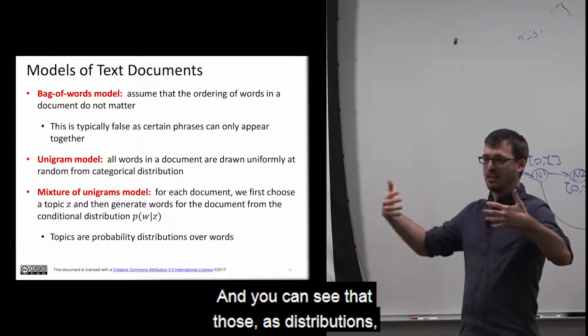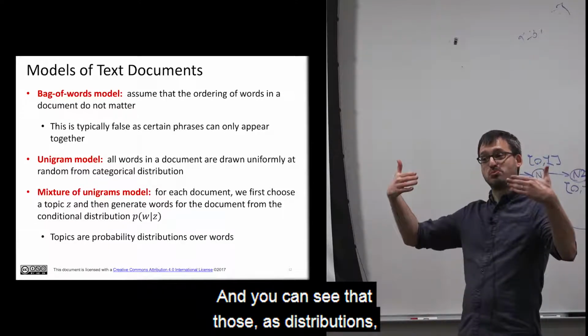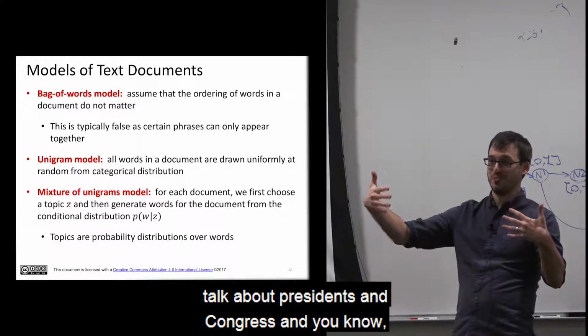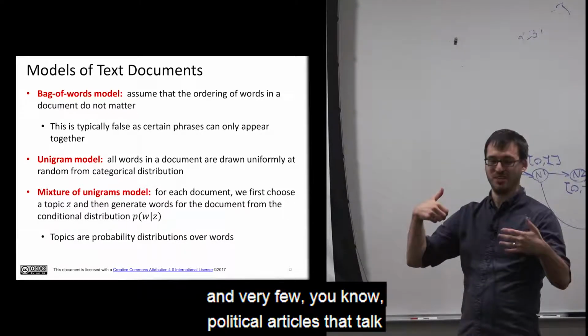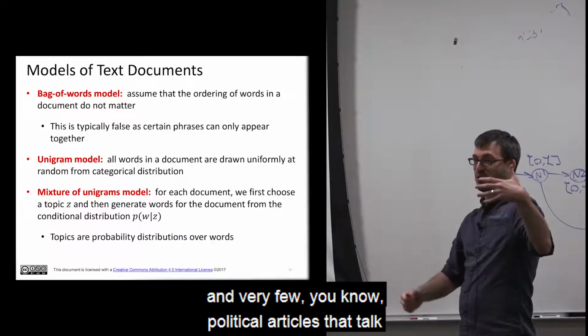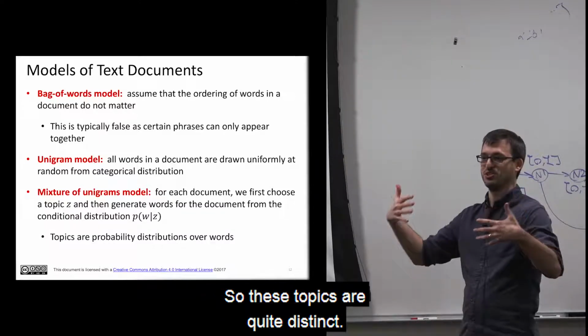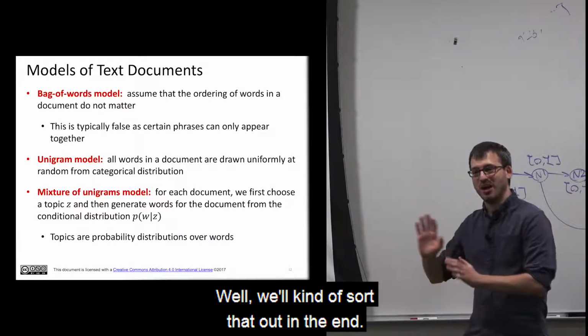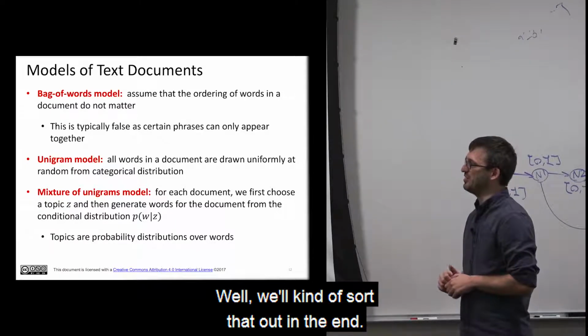You can see that those, as distributions, are quite disjoint. There are very few chemistry articles that talk about presidents and Congress, and very few political articles that talk about chemistry. So these topics are quite distinct. Some topics might overlap. That's okay. We'll sort that out in the end.